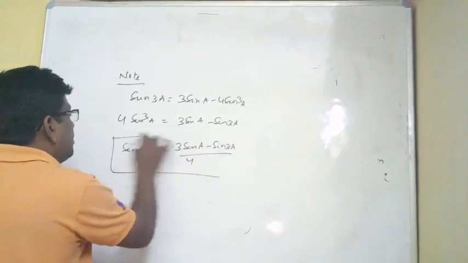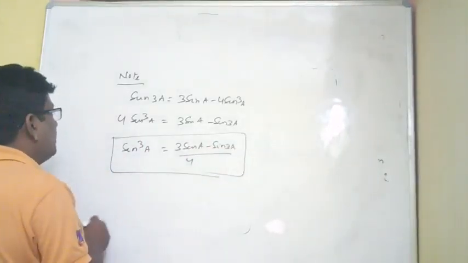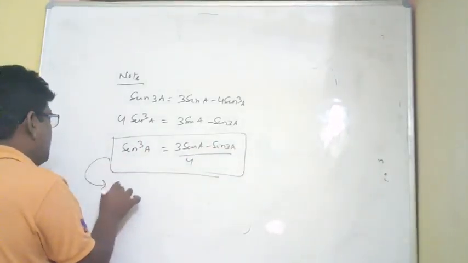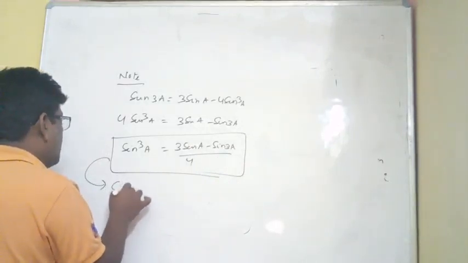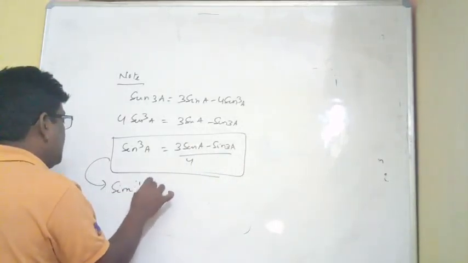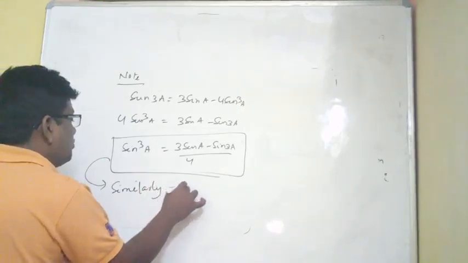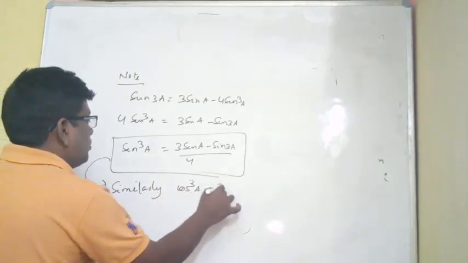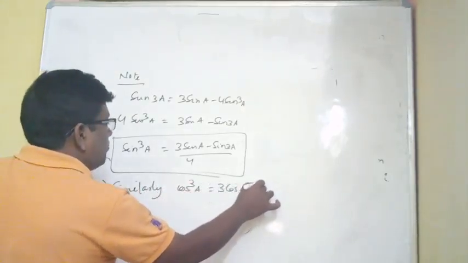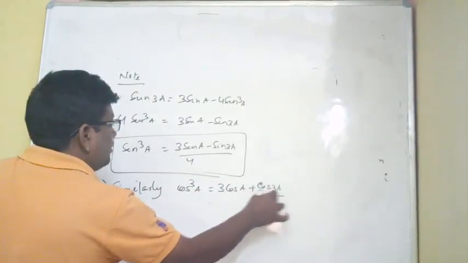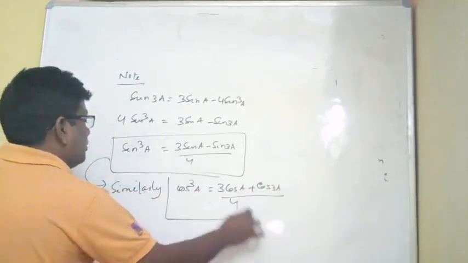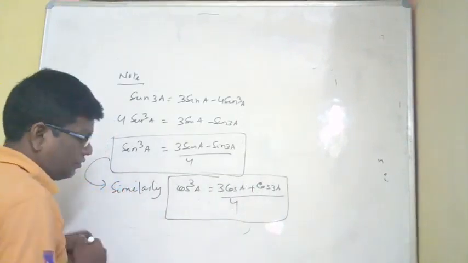This is another formula. Similarly for cos 3A, cos cube A is equal to 3 cos A plus cos 3A divided by 4. This is another formula.